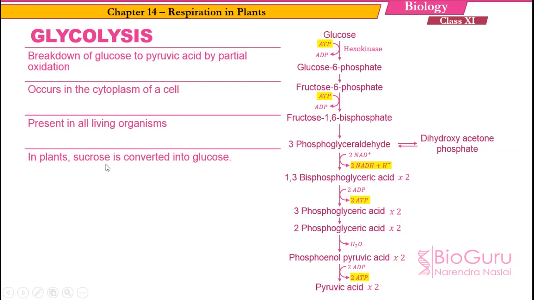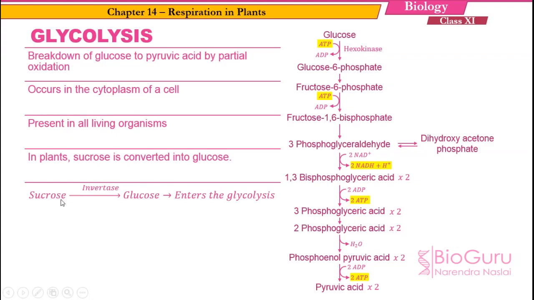So in order to undergo glycolysis, the plant should first convert sucrose into glucose. And how does it take place? The sucrose will be converted into glucose by the enzyme called invertase, or it is also called sucrase. Clear? Now this glucose will enter into glycolysis, especially in case of plants.